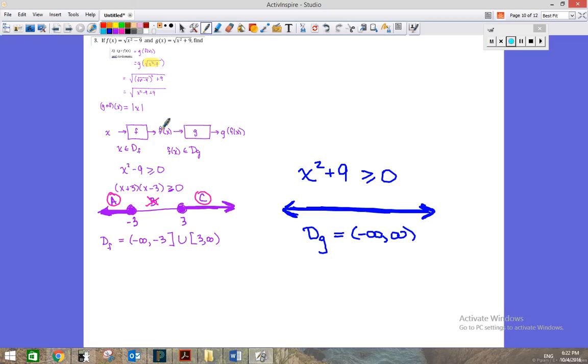Give me any number you'd like, and I'll produce an output. That's what g says to it. So the domain of my function composition, g composed with f, is just the domain of f. It's the only restriction that we have to worry about.